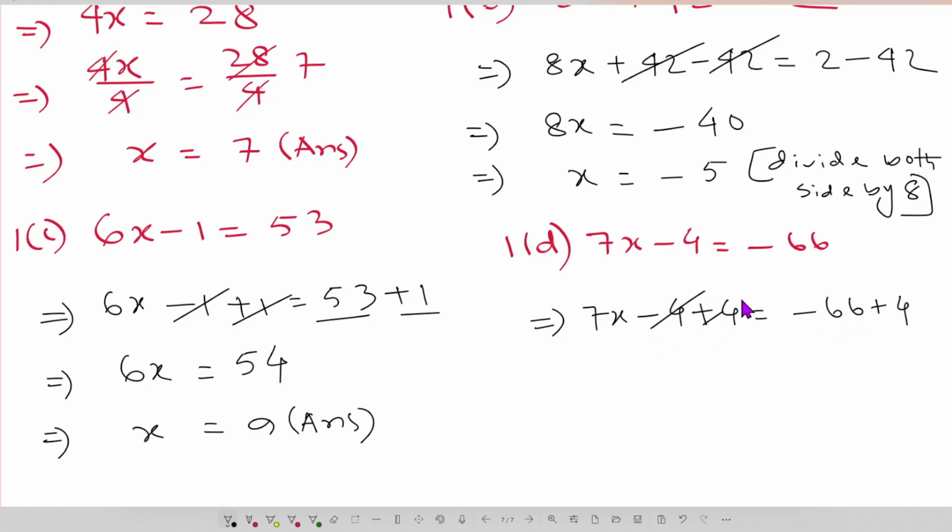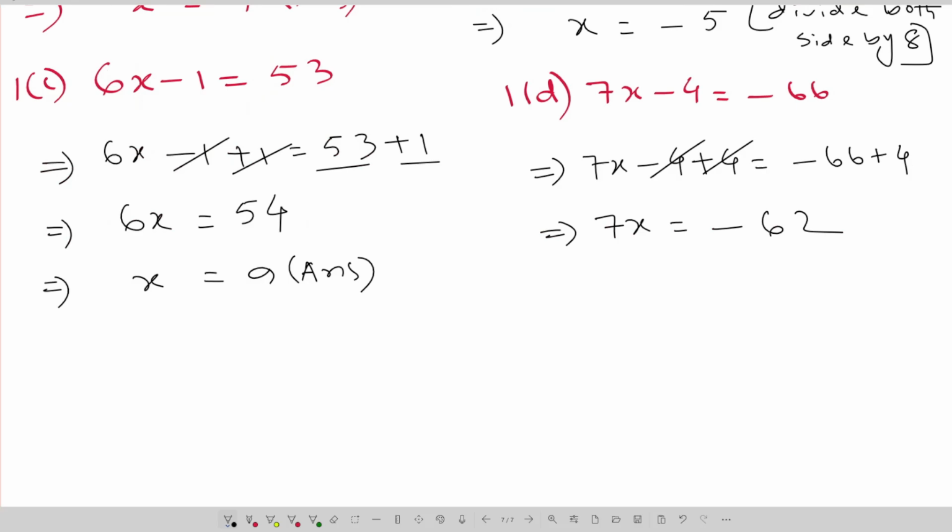So minus 4 plus 4 cancel out, 7x equals minus 62. Now we can divide both sides by 7, so here is x equals minus 62 by 7.